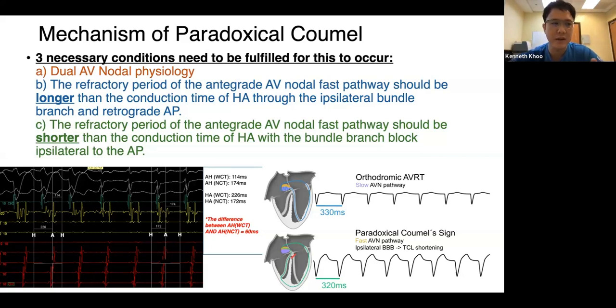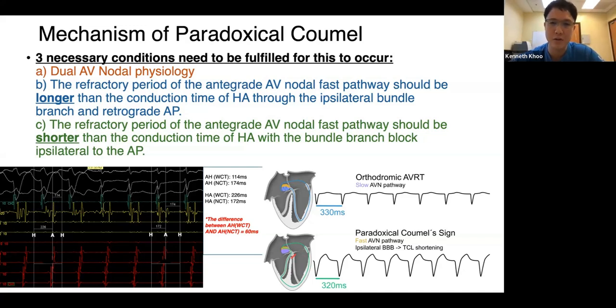That is to say that from fast pathway, switch to slow pathway, and now the slow pathway becomes the antegrade limb of the AVRT. And the result of that is a slower tachycardia overall. Okay, so this change from fast to slow pathway accounts for the change in AH interval from narrow to broad. Therefore, in broad complex tachycardia, the cycle length is shorter, and in narrow complex tachycardia, the cycle length is longer.